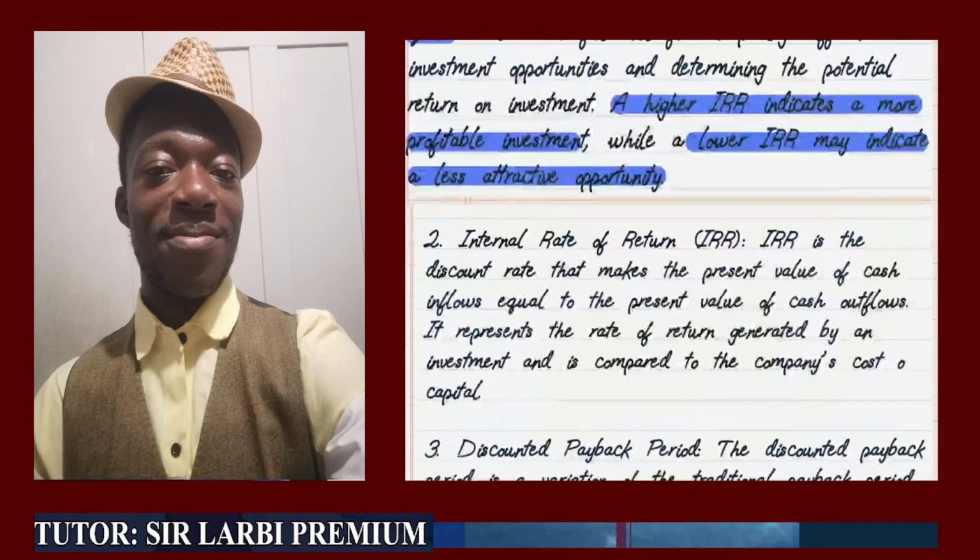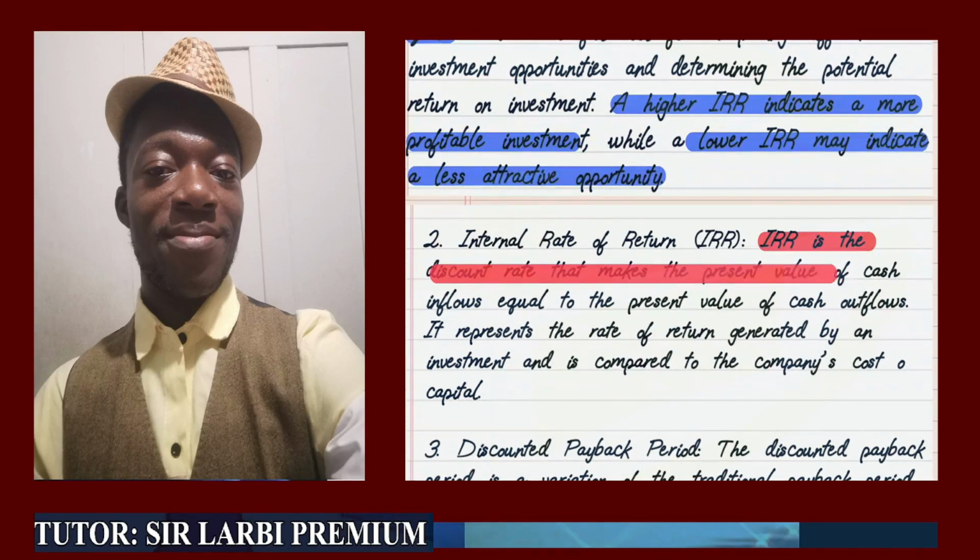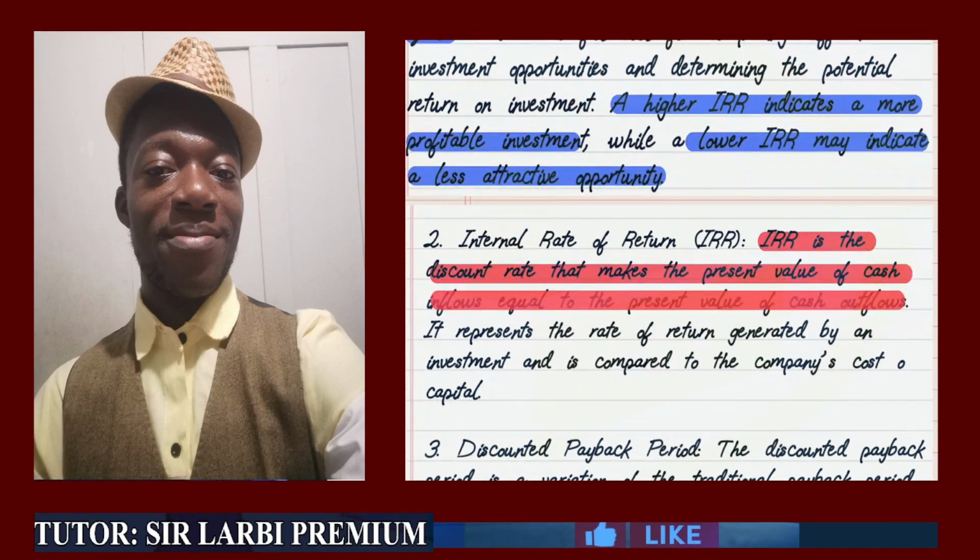To add more spice to the discussion, internal rate of return is the discount rate that makes the present value of the cash inflow equal the present value of the cash outflow, the same thing.